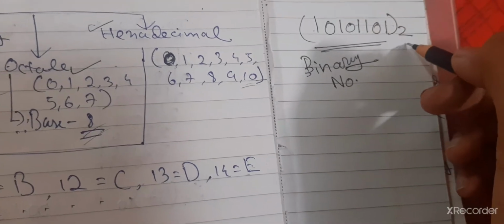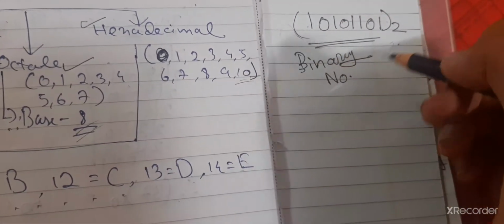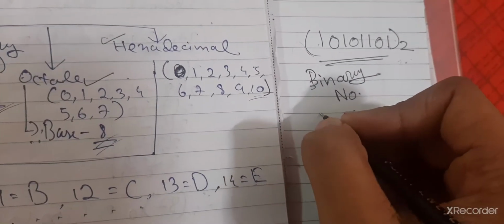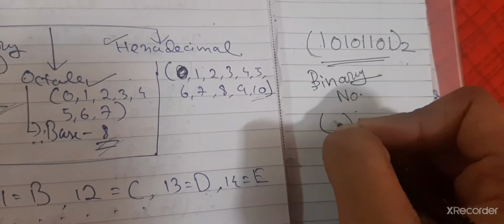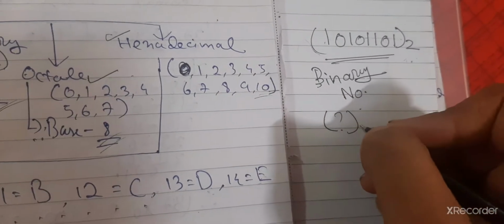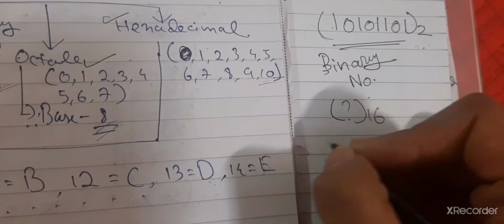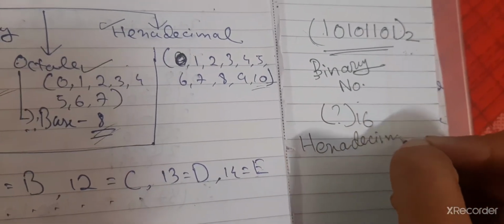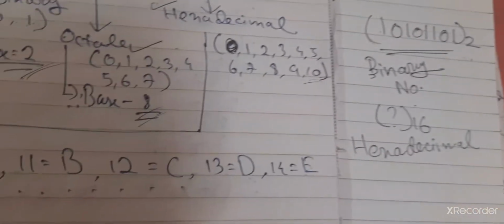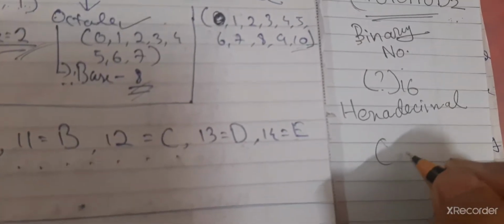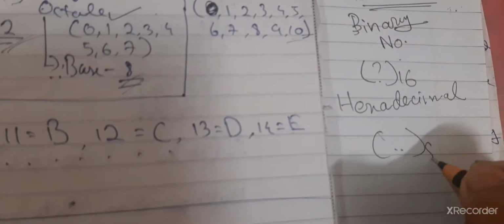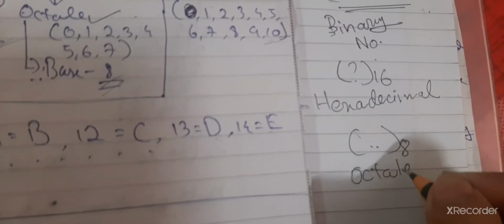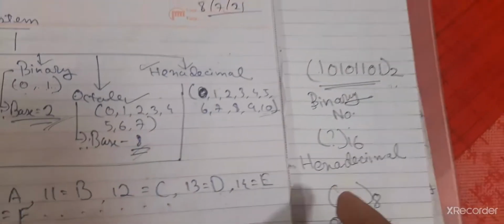So its base is 2. Any number with the base 16 is a hexadecimal number. Any number with the base 8 is considered as an octal number, and this goes on.